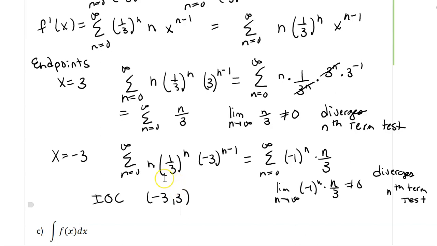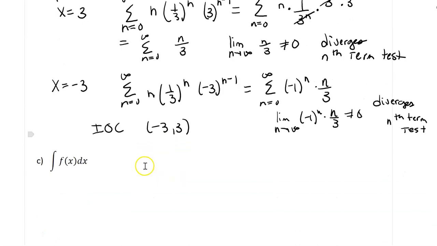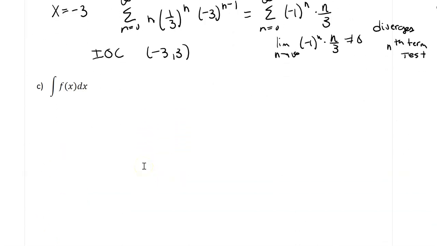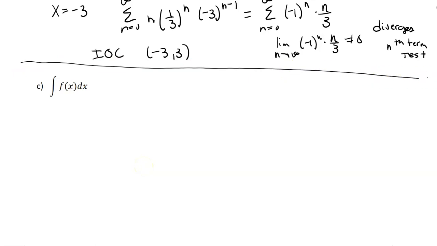Let's talk about the integral lastly. So I need to find, first of all, the integral of f of x, and I know that my original function f of x, since we haven't looked at it in a while, we had written that as 1/3 to the n times x to the nth power.